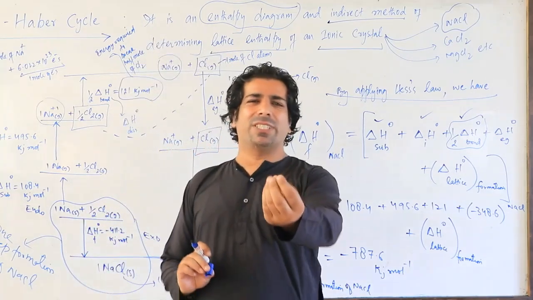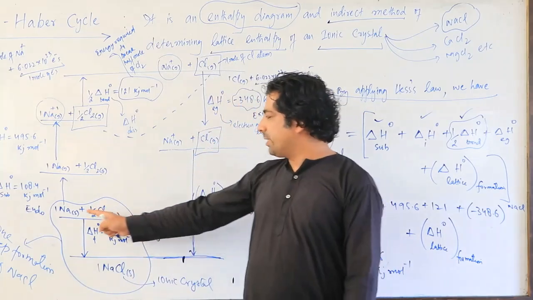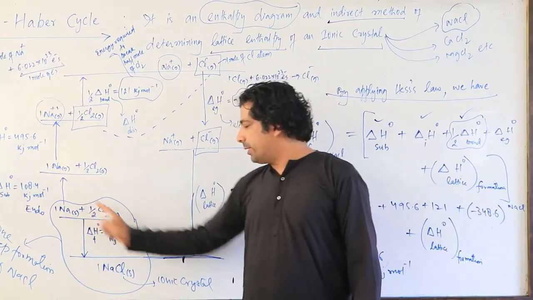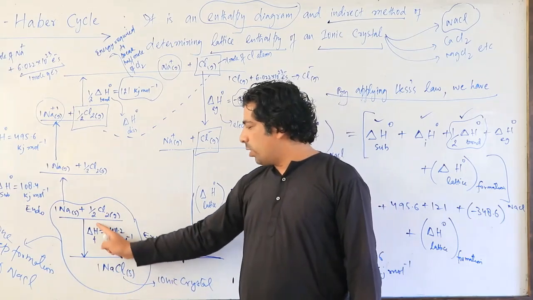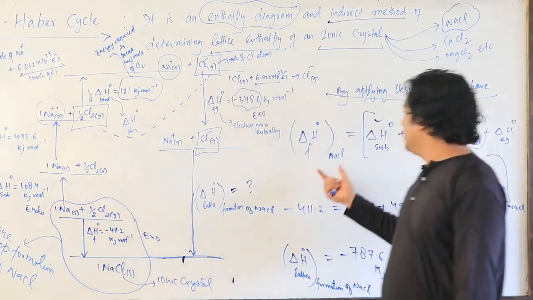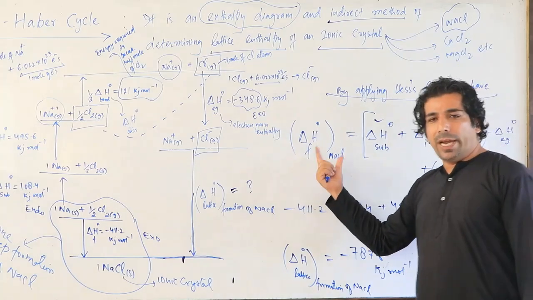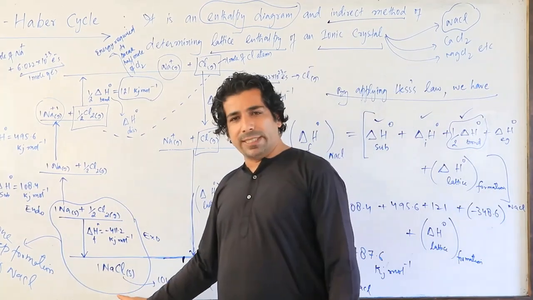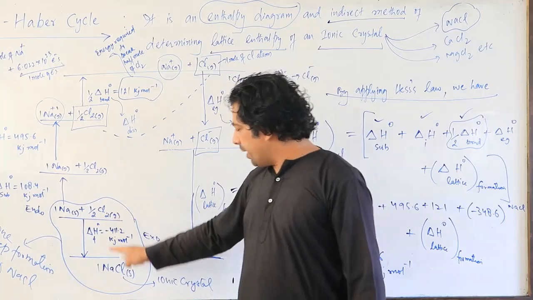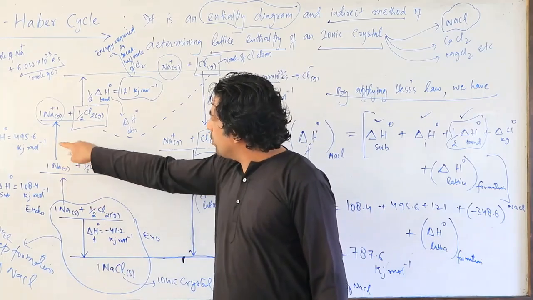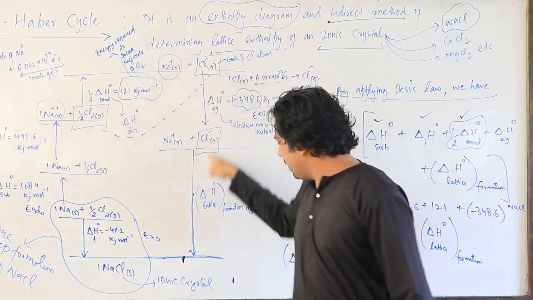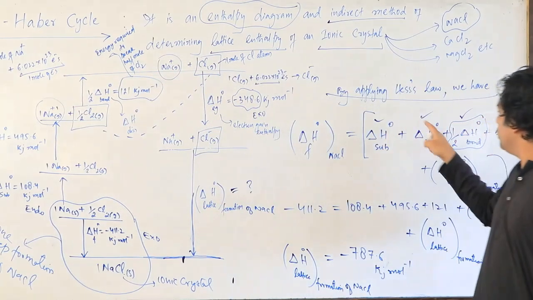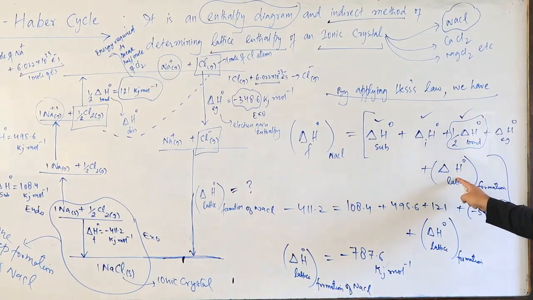Let me revise it for just a few seconds. What I did first, I took the constituent elements and I made 1 mole of NaCl in one step. And the energy released was the enthalpy of formation. This is your enthalpy of formation. And you are making NaCl in one step. Now you are making the same NaCl in 1, 2, 3, 4 and 5 steps. So you are making them in multiple steps. You are again making NaCl only.